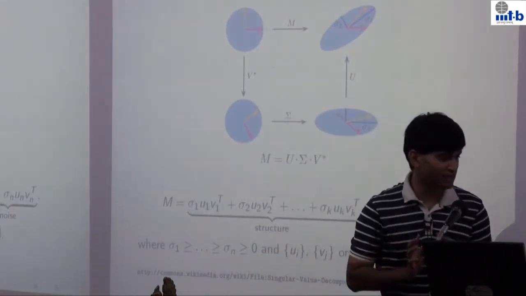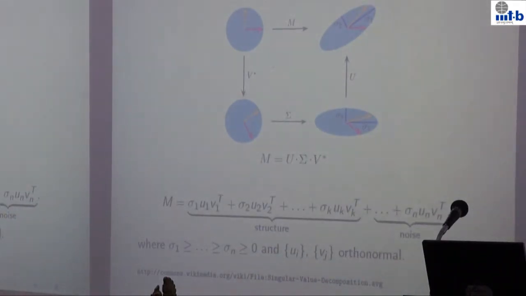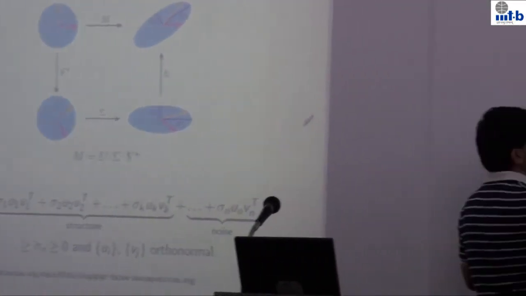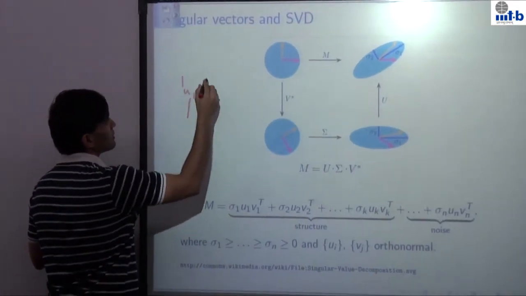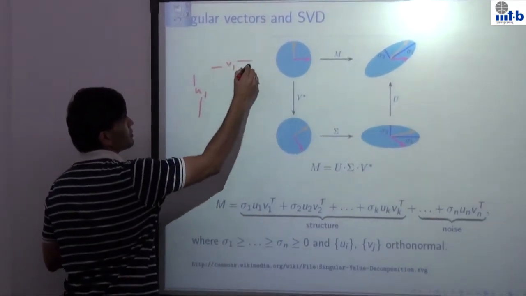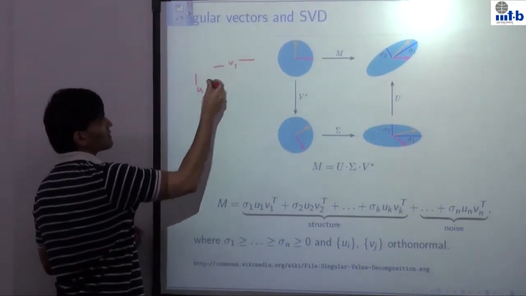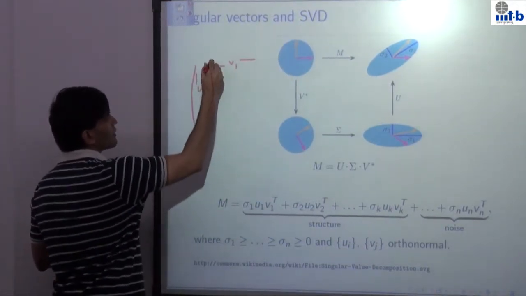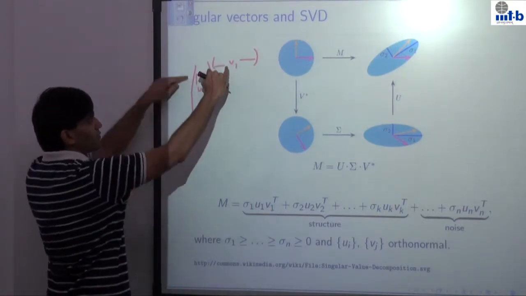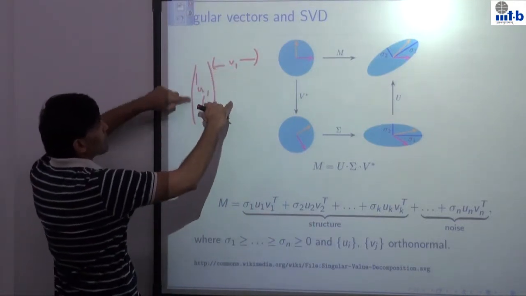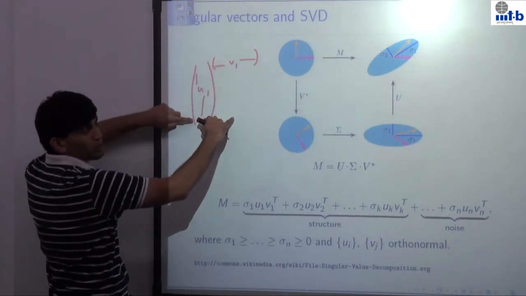Rank 1 matrices are very simple matrices. Basically, u1 times v1 transpose is just writing down different scalings of v as per the coordinates of u.